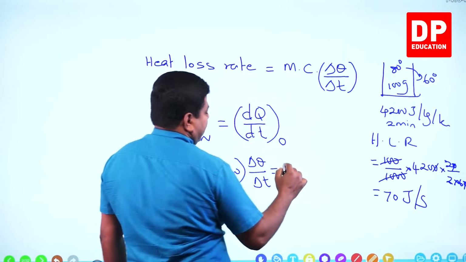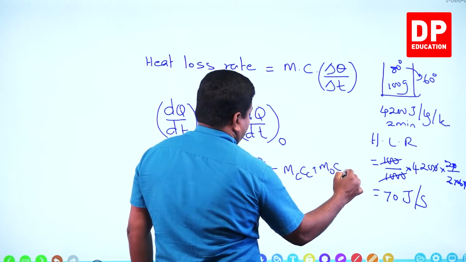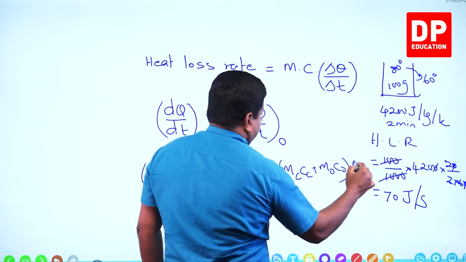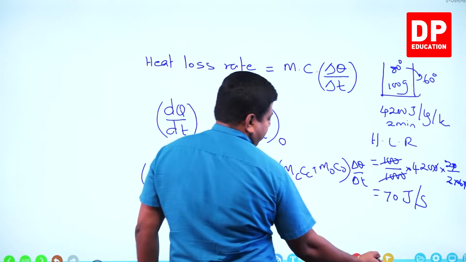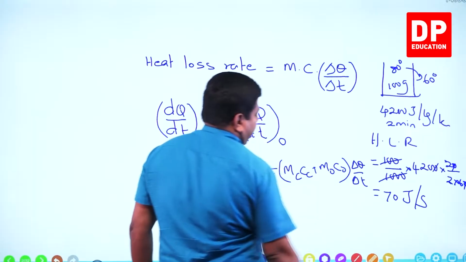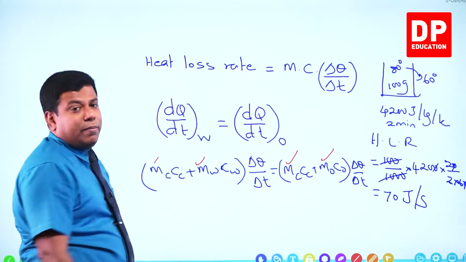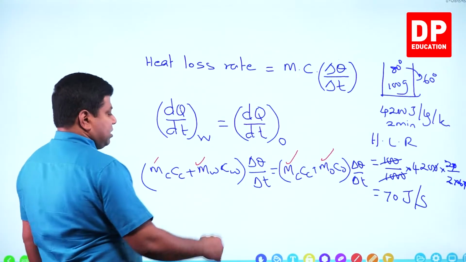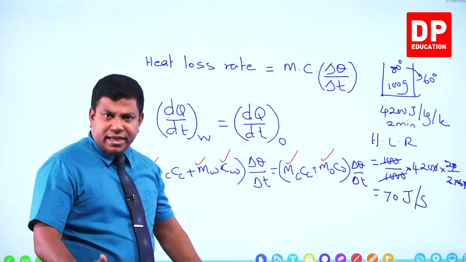For this you can write, again calorimeter is there. This time it is oil into delta theta by delta t. You apply this formula. You can measure the mass of calorimeter, oil, water, everything you can measure. Water specific heat capacity, usually we take it as 4200, theoretical value we know.